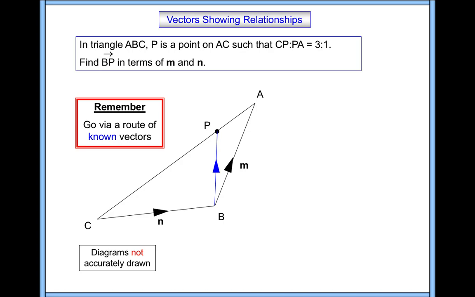Vector M is already given to you. Now what is vector CA, students? Vector CA is going to be vector CB plus MA, right? That is CB is N plus M. Vector CA you know is N plus M. So since you know vector CA, you can easily find out CP.